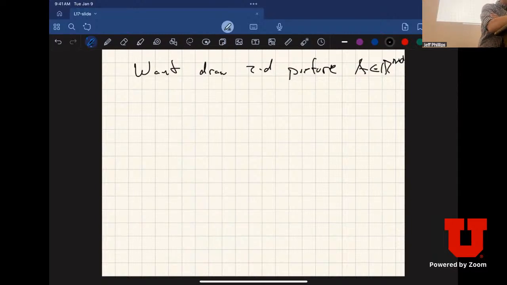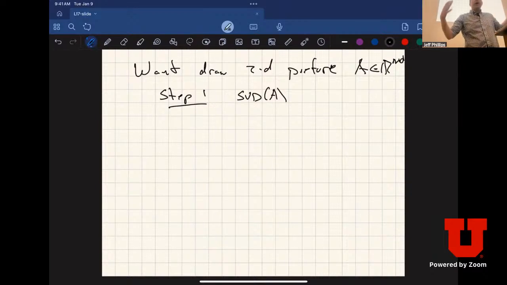Step one is I'm going to compute the SVD of A, and you're not going to do this by hand. You're going to call a highly optimized package for doing it, and this is going to give me U S V transpose.